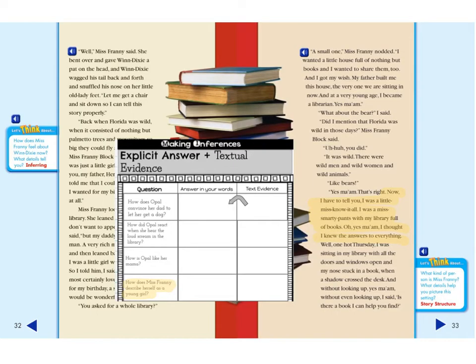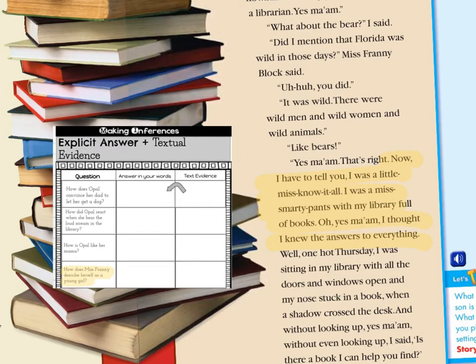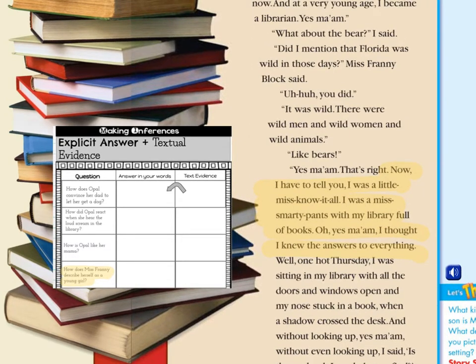And let's look at one more example. This question says, how does Miss Franny describe herself as a young girl? Well, highlighted in yellow, she describes herself, it says, I have to tell you I was a little Miss Know-It-All. I was a Miss Smarty Pants with my library full of books, so yes ma'am, I thought I knew the answers to everything. So she describes herself as being a Miss Know-It-All or someone who knows everything. And remember, text evidence is straight from the text.